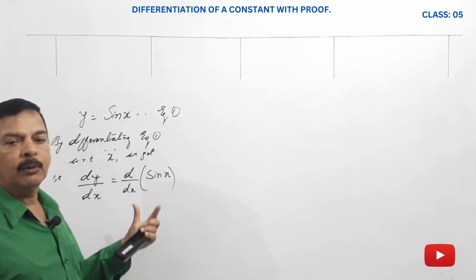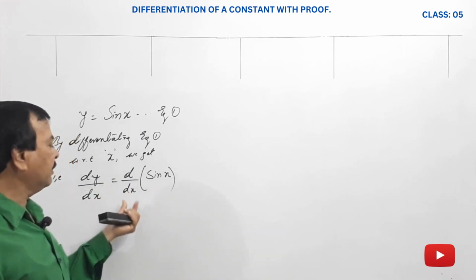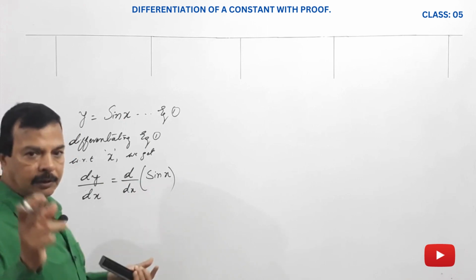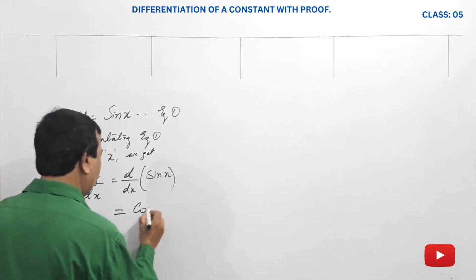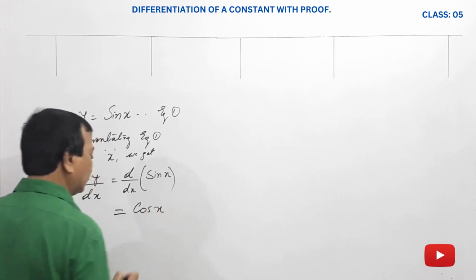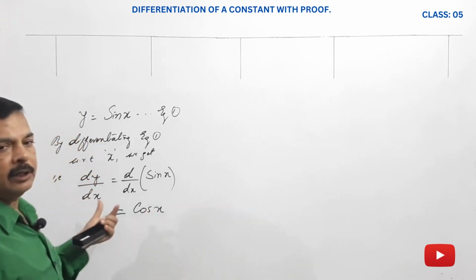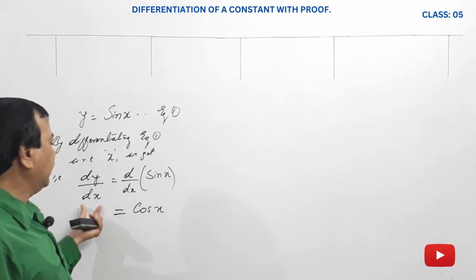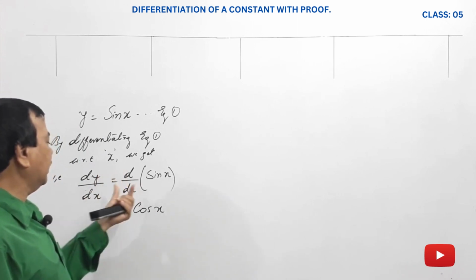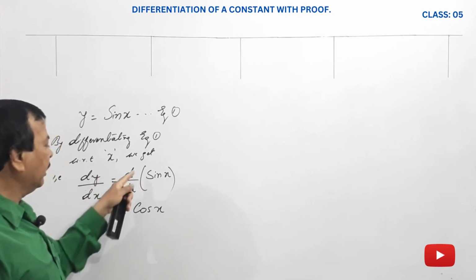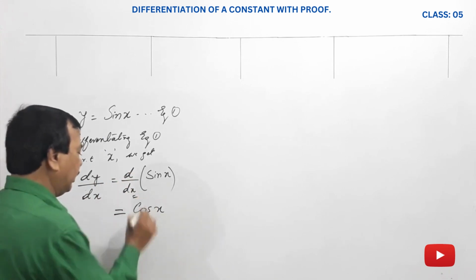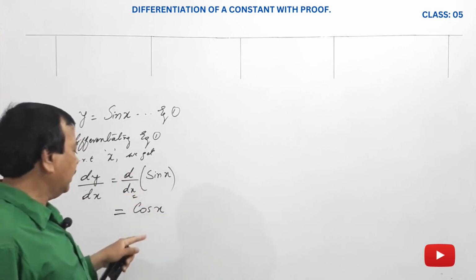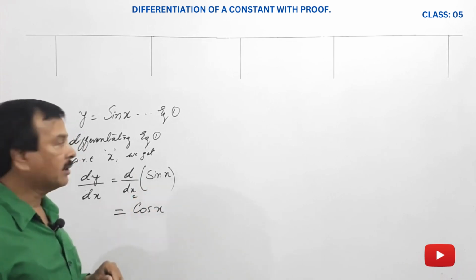Now you are about to differentiate. So what happens if we differentiate d by dx of sin x? We get cos x. So the answer is cos x. The d by dx means differentiating this with respect to x. So now it becomes cos x.